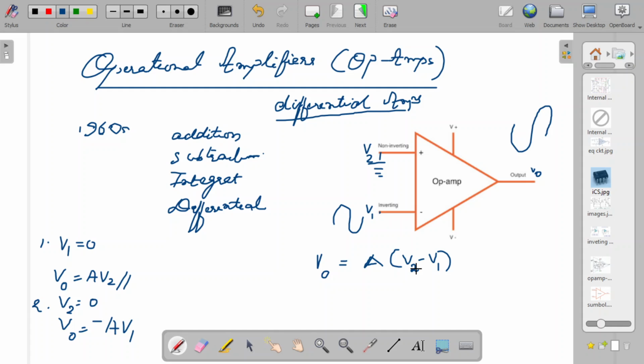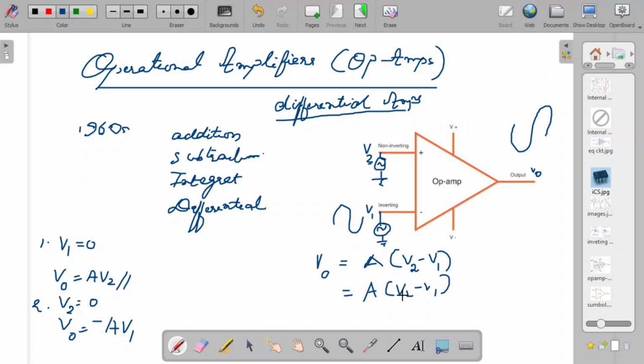But suppose I give input at V1 and V2. If I give an input at V2, and similarly I give another input at V1 also, then basically what it does is A times the difference between V2 minus V1.